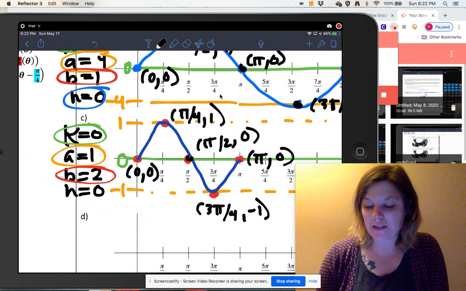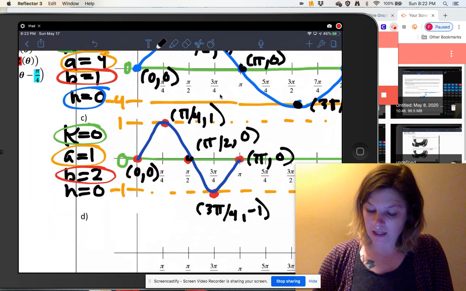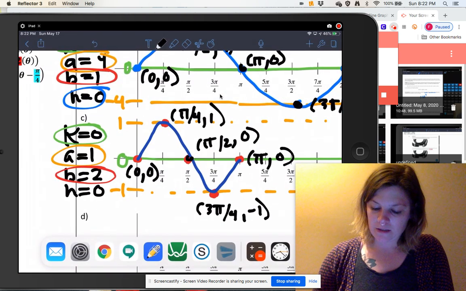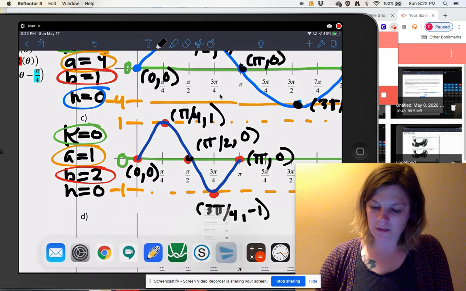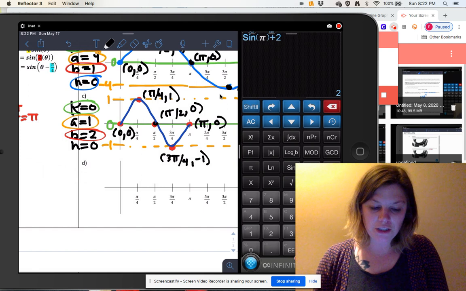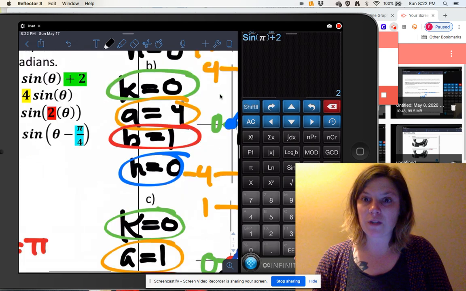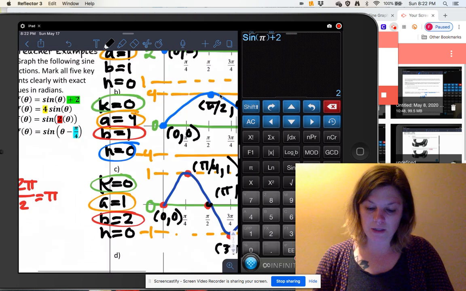Okay, I'm going to check our answer the other way using our calculator here. Remember, our function is sine 2 theta, and that's what we're going to use in our calculators.